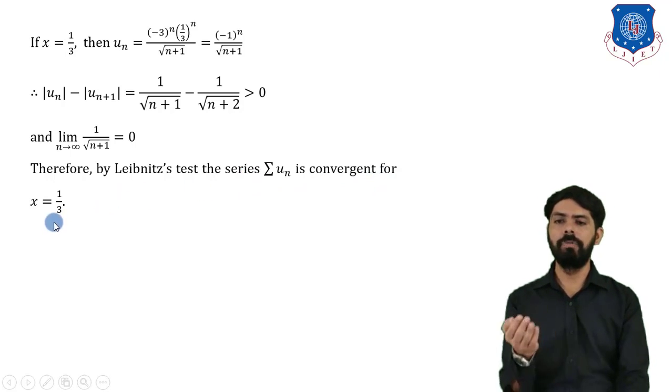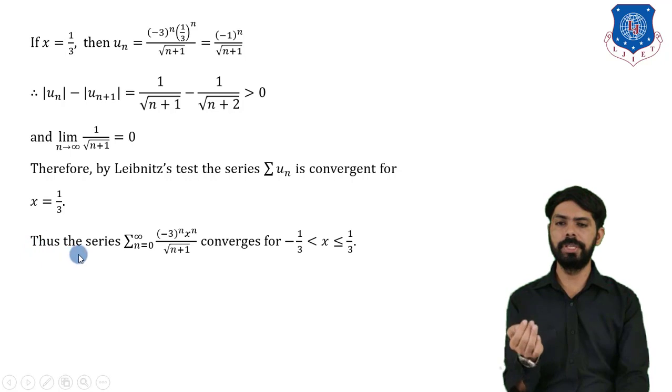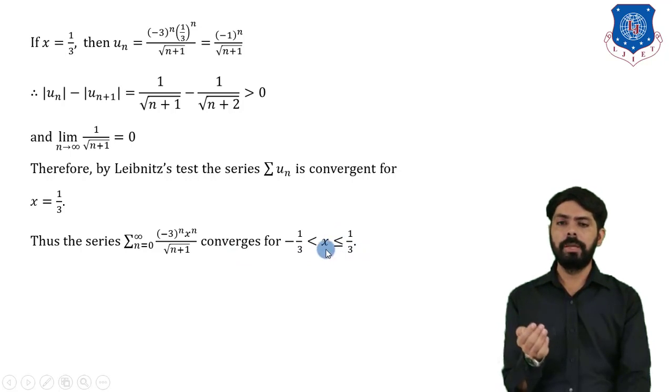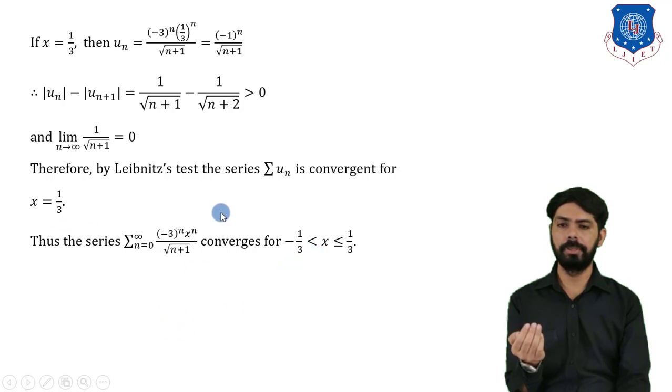Now we will summarize this. Thus the series sigma n equal to 0 to infinite (minus 3) raised to n x raised to n divided by root n plus 1 converges for minus 1 divided by 3 less than x less or equal to 1 divided by 3. Because here for x equal to 1 divided by 3 the series is convergent, and for x equal to minus 1 by 3 the series is divergent.